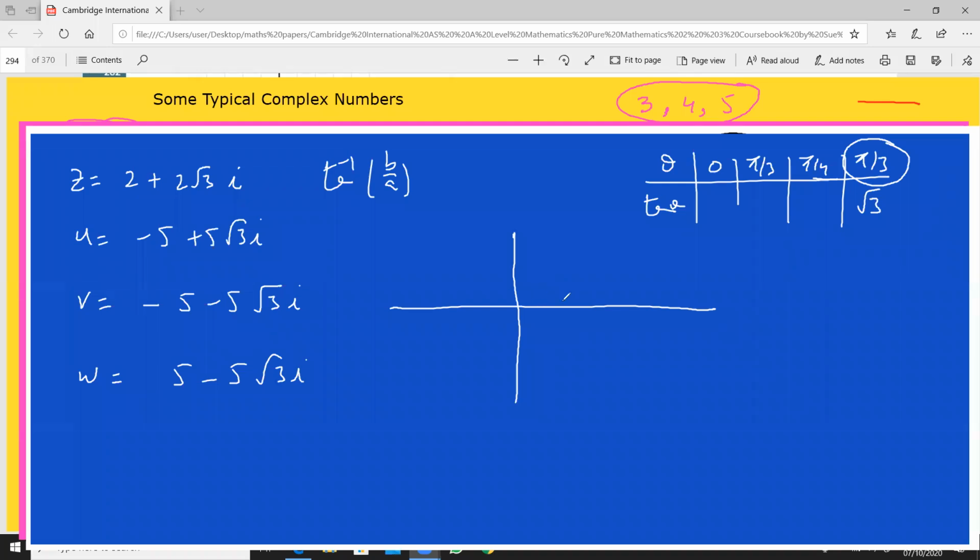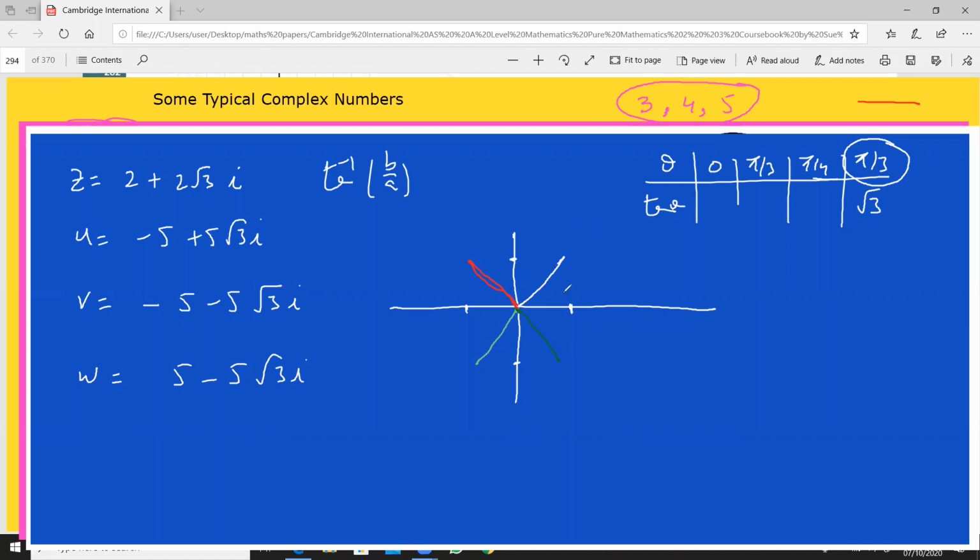Now this part would be shorter, and this would be longer because the angle has to be 60 degrees. So this can be like this. This can be like this.